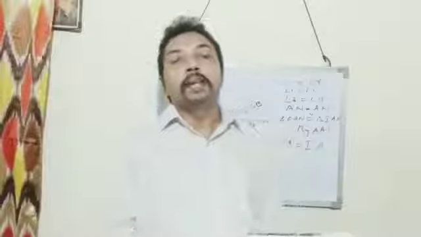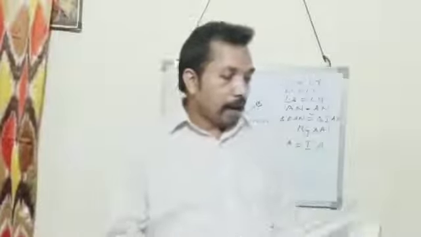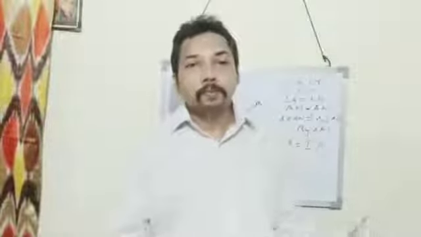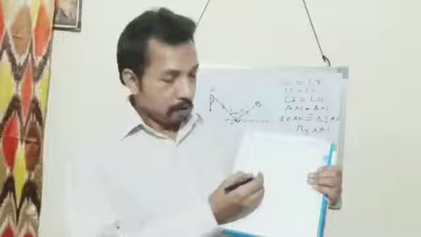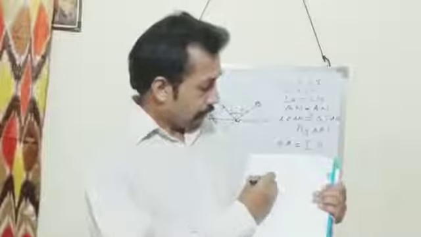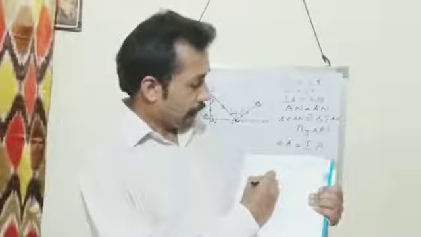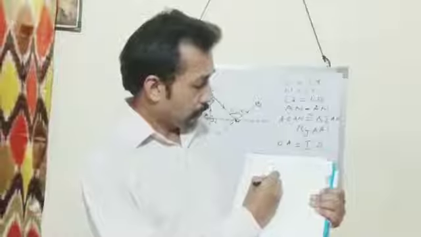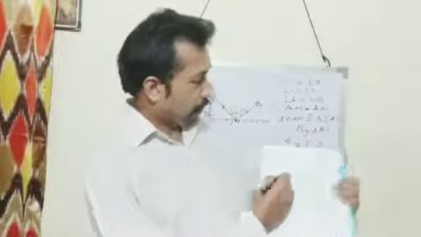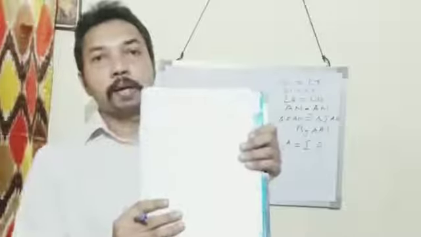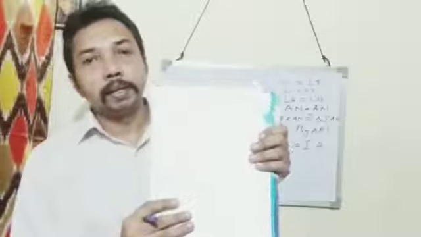Then how do we find the laterally inverted image of an object? Suppose the word AB. So I write AB. You can see what I have written, the word AB.